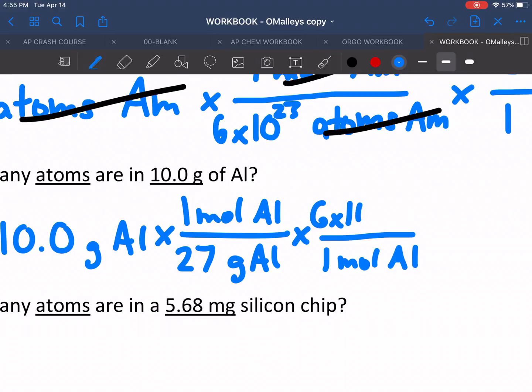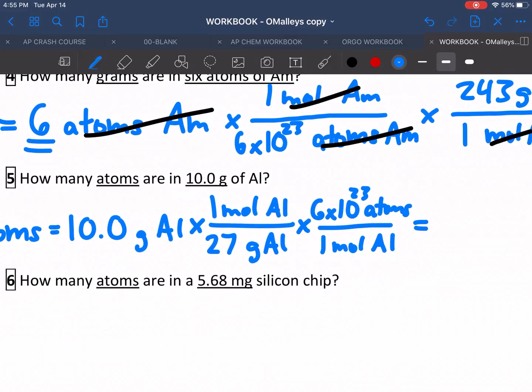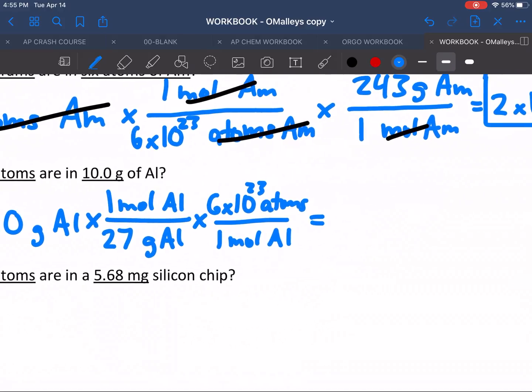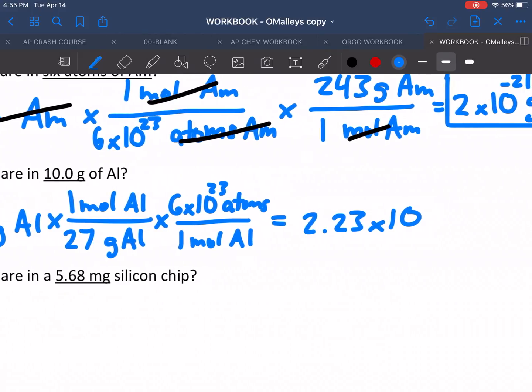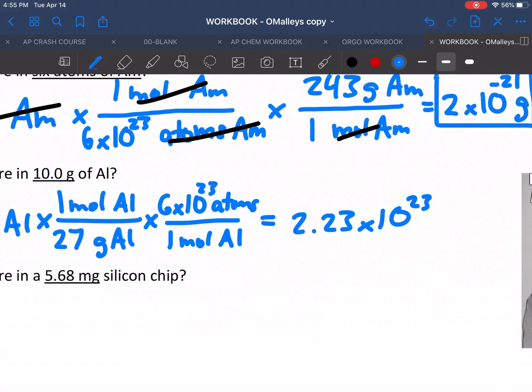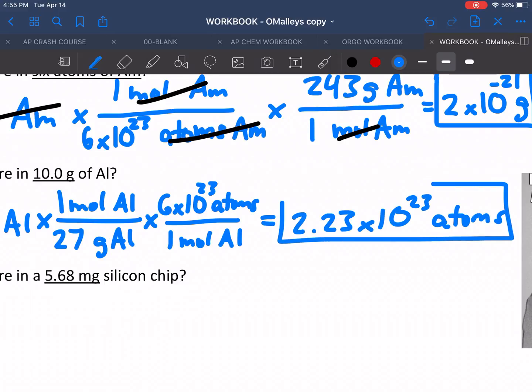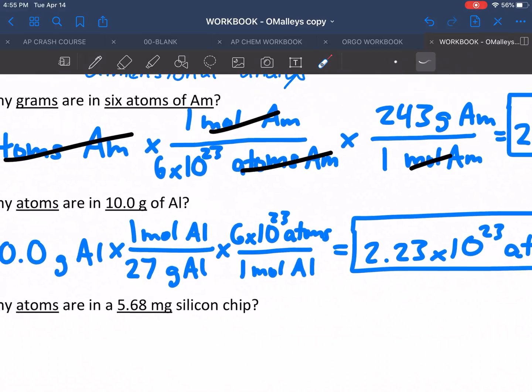There are 6 times 10 to the 23rd atoms per mole, and we're there. So 10 times Avogadro's divided by 27, I get 2.23 times 10 to the 23 atoms of aluminum.